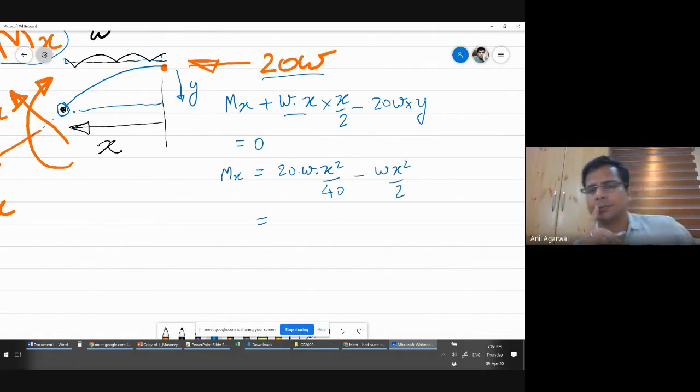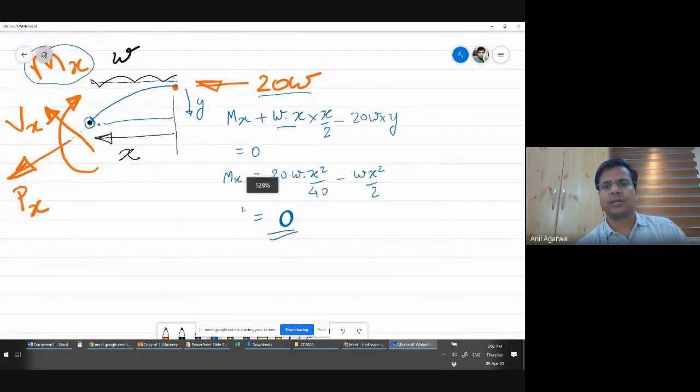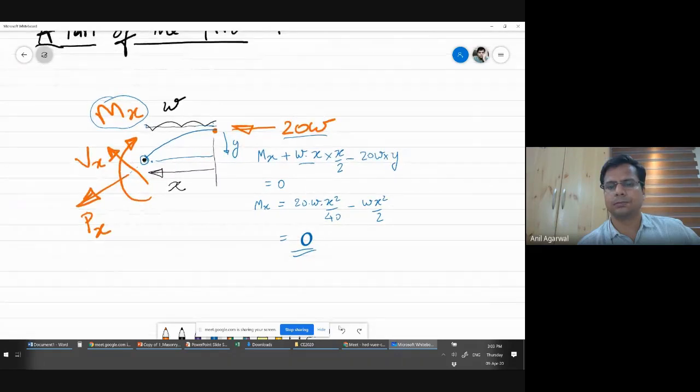What do I get? Wx square by 2 minus Wx square by 2, isn't it? That is 0. So basically what it tells us is that moment is 0. And why were we able to get moment as 0? Because our y was following this profile of x square by 40.